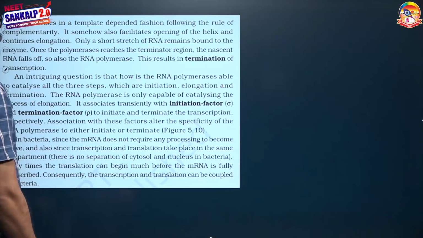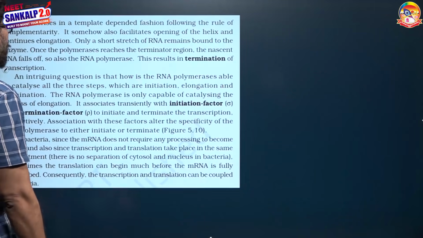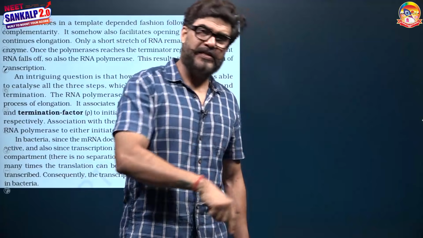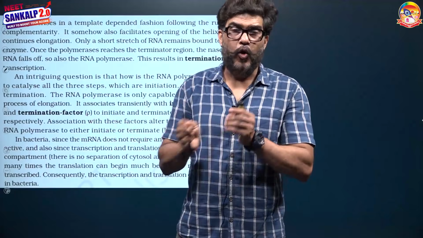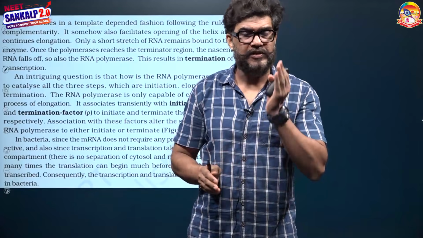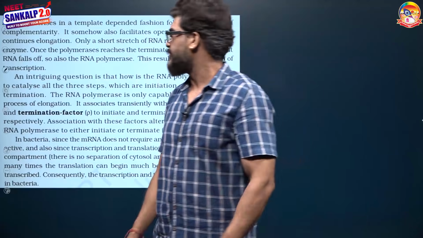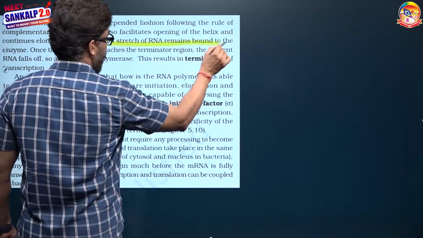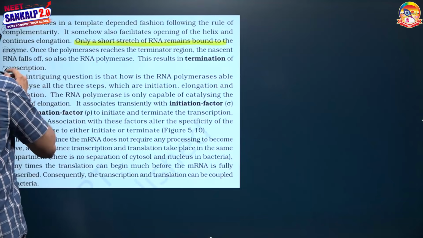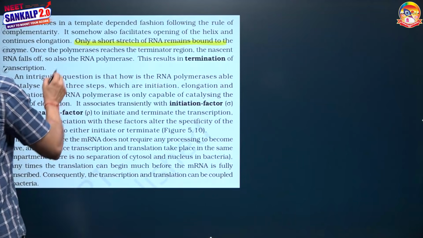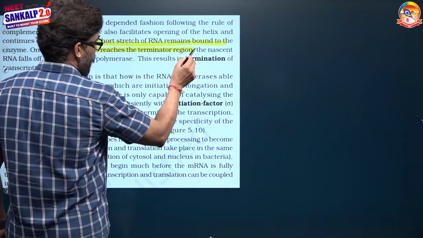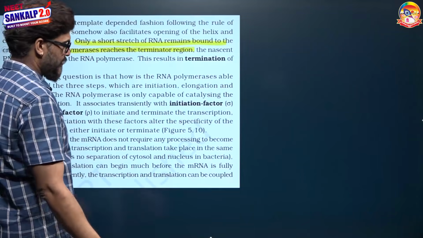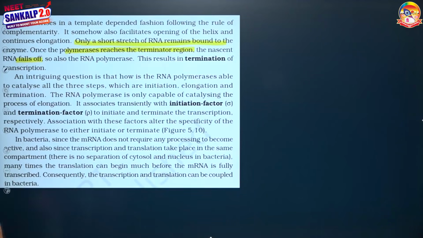It also facilitates opening of the helix and continues elongation. Unlike DNA replication, in transcription the opening of the DNA is facilitated by RNA polymerase itself. Only a short stretch of the RNA remains bound to the enzyme, the rest becomes free. Once the polymerase reaches the terminator region, the nascent RNA falls off and the process of transcription terminates.